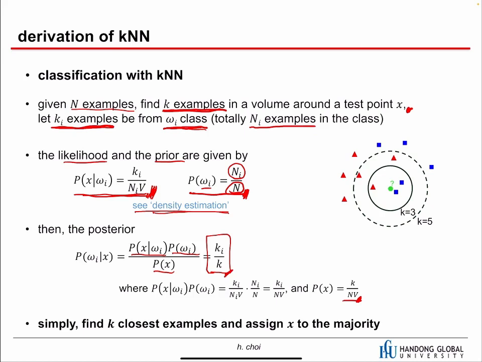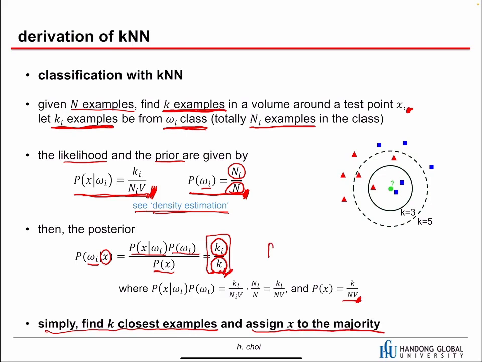Given this point x, what is the probability of class i? Find the k neighbors and find how many samples are in that class out of k examples. That's what KNN does as a classification. So as I said, simply find the k nearest neighbors and assign x to the majority.